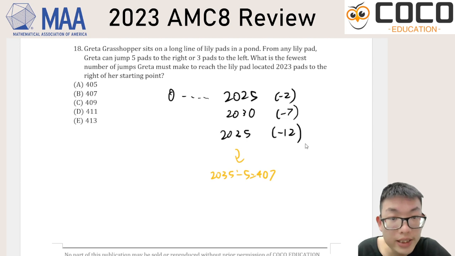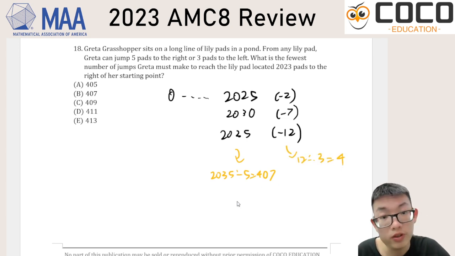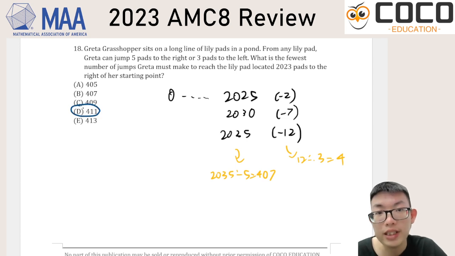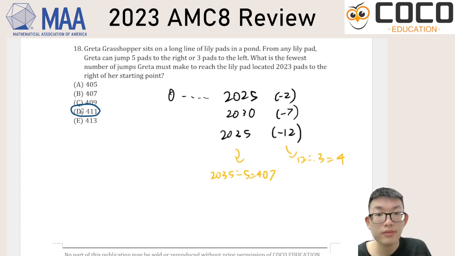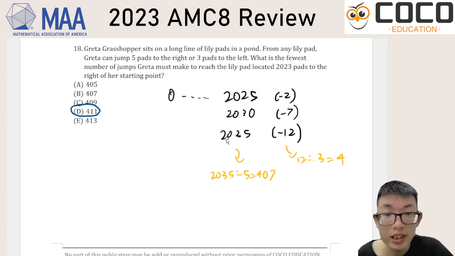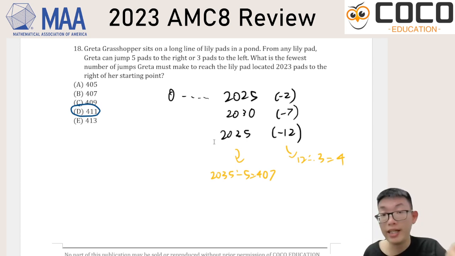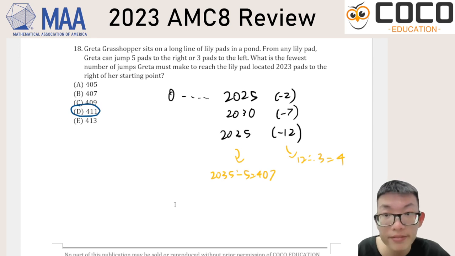Here there's 407 steps, and then there's 4 more steps. So 407 plus 4 is 411 steps. Right, the order doesn't matter actually, because if I do +5 and then -3, or if I did +5, +5, -3, -3, versus -3, -3, +5, +5, I end up at the same spot. So it's just the total number of moves, like adding 5 and subtracting 3.